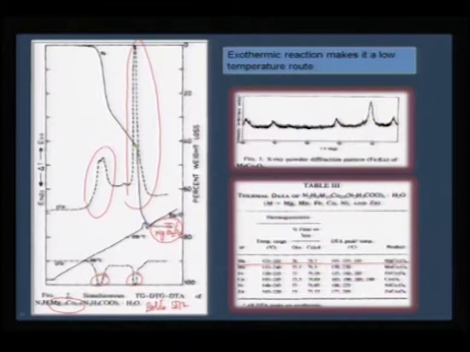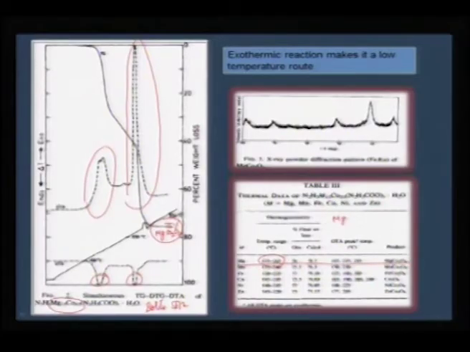Magnesium cobaltite is formed, and as you would see from the decomposition range, between 125 to 265 the compound has totally decomposed into the final product. Incidentally, magnesium cobaltite, if you were to prepare using a solid state method, the minimum temperature that is required for MgO plus Co3O4 to give MgCo2O4 is above 1100 degrees C.